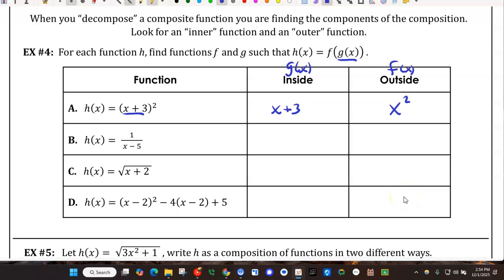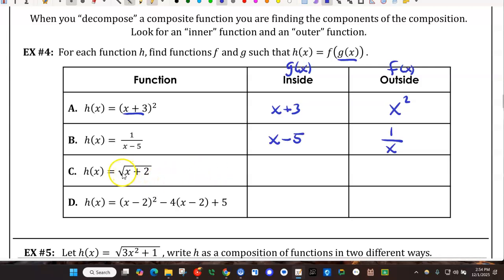So if you can identify the parent function, the decomposition of functions is pretty straightforward. So what is the parent function of 1 over x minus 5? That's just the rational function, 1 over x. Start there, and then we're going to substitute in x minus 5, which moves it 5 to the right on the graph.